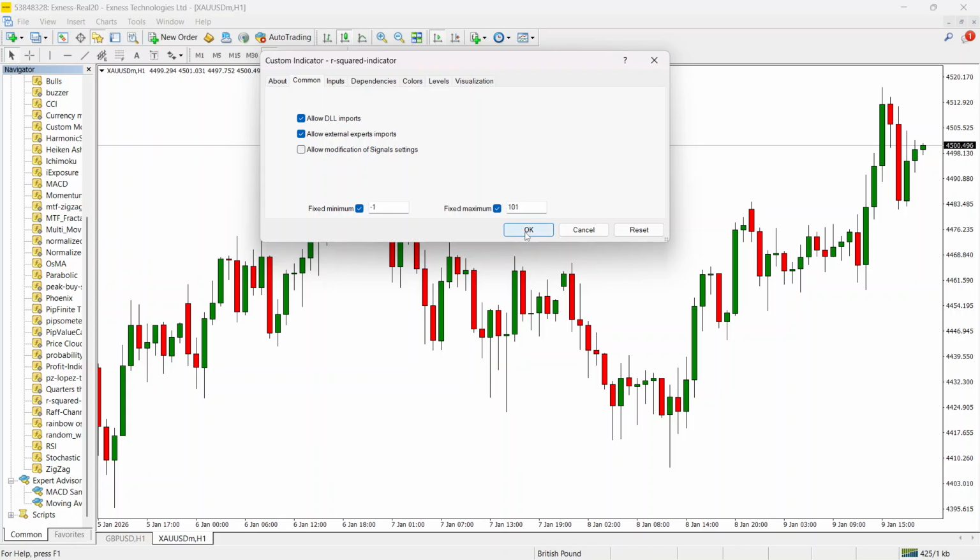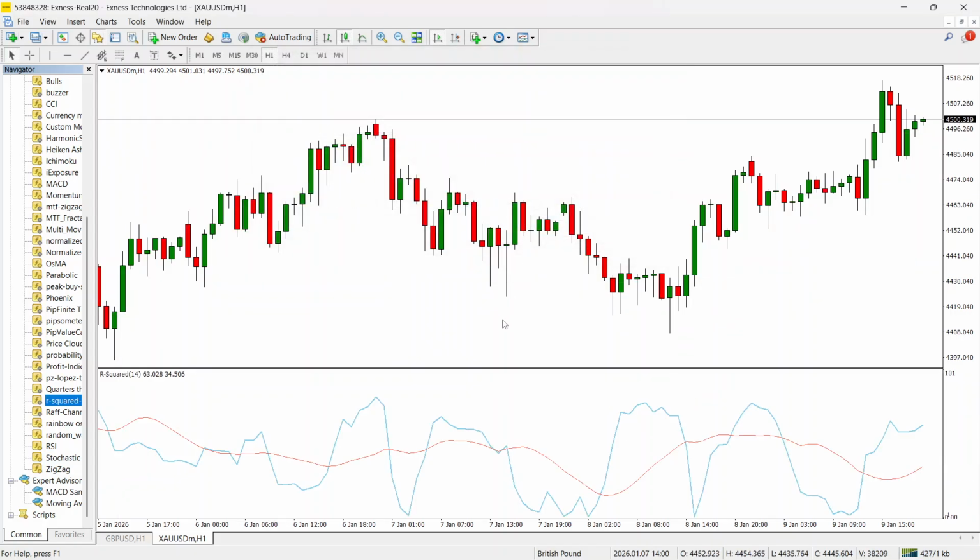On MT4 and MT5, the R squared indicator is displayed in a separate window beneath the main price chart, similar to RSI or MACD. The R squared line fluctuates between 0 and 1 over time, offering a dynamic visual representation of how well current price adheres to a linear trend.